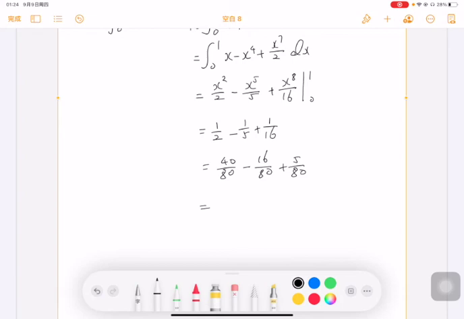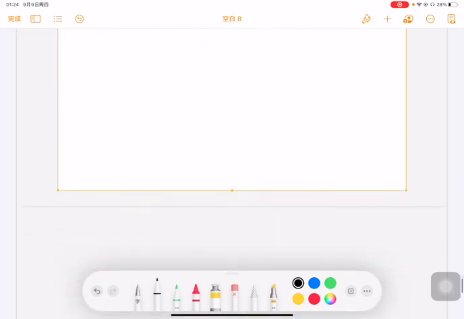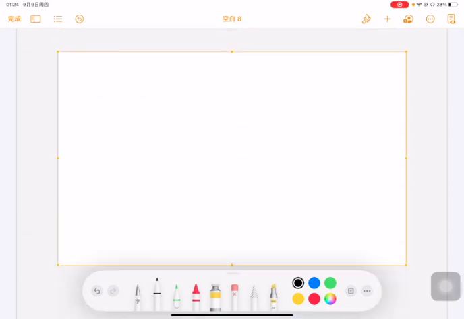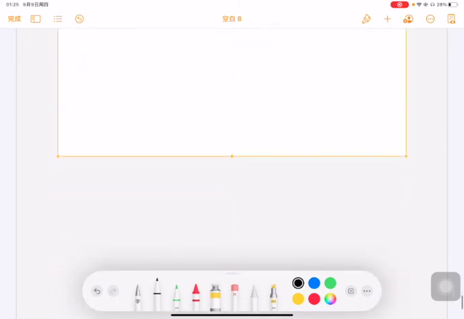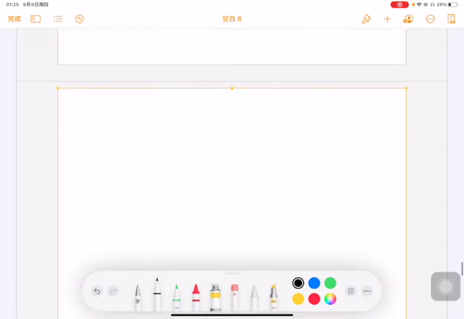And you get 40 minus 11, so 29 over 80. And that's problem 9. So you just find the Taylor polynomial approximation of the integrand, and then you integrate the polynomial.